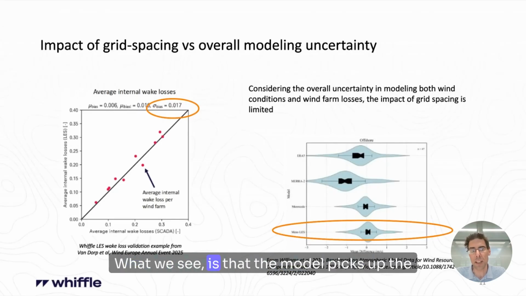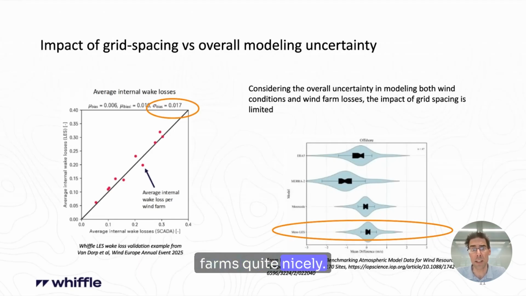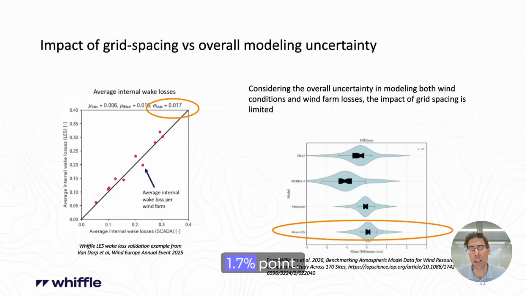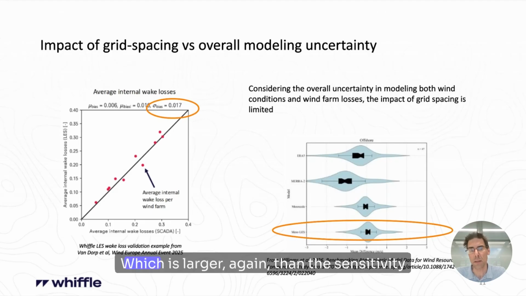What we see is that the model picks up the large variations between the different wind farms quite nicely. But we also see there's some spread along the one-to-one line. The number in the orange circle indicates the standard deviation, which is in this case 1.7 percentage points, which is larger again than the sensitivity to the grid spacing that we saw in the presentation.